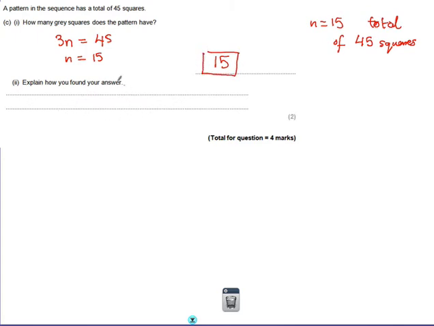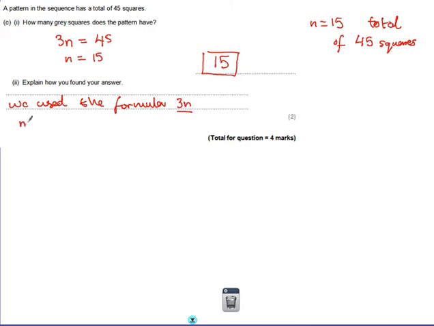Explain how you found your answer. Well, we used the formula 3n.